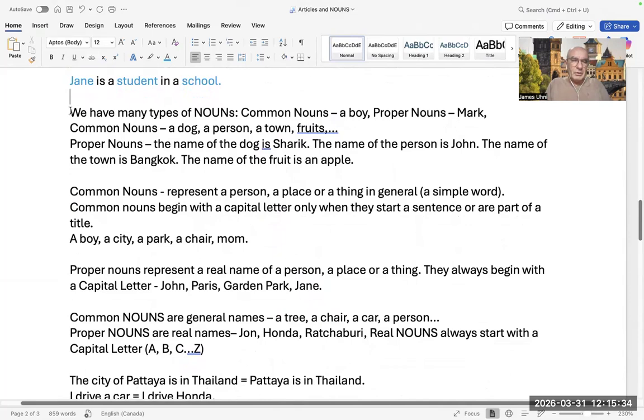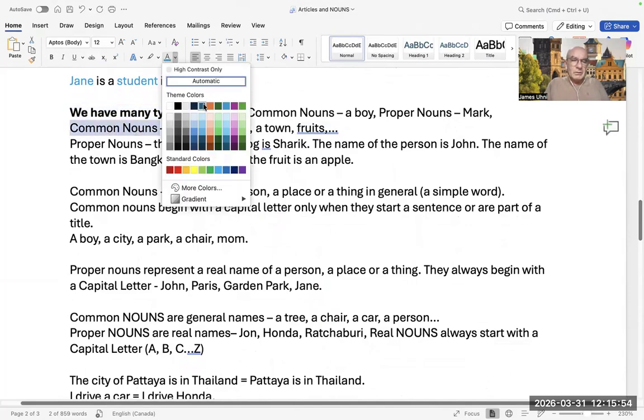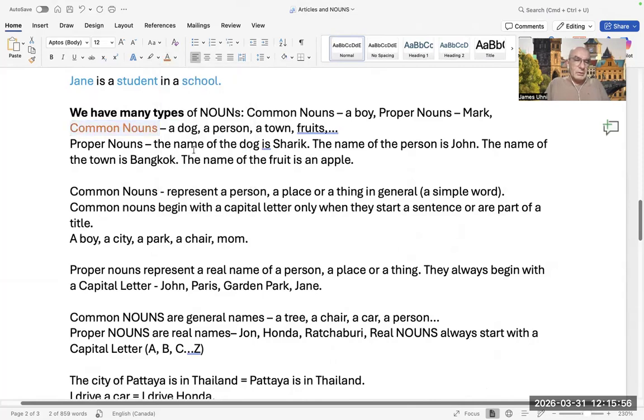This is very important, and let's make it bold. Common nouns: a boy. Proper nouns: Mark. Common nouns, and again, I will give it a different color, so let's have it orange, and it is using an article.